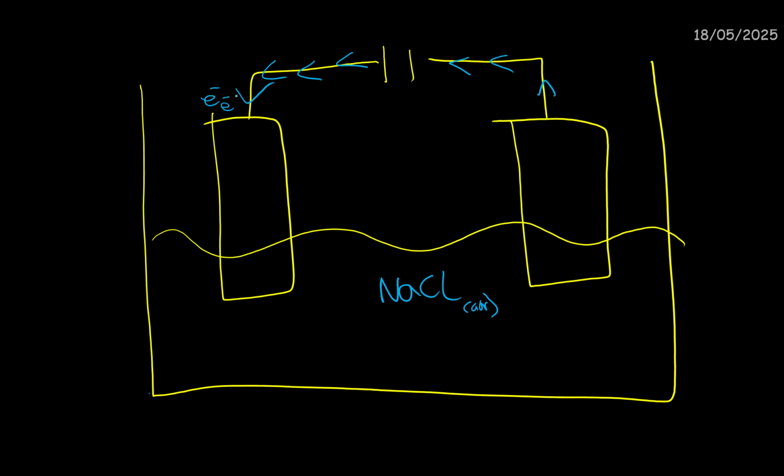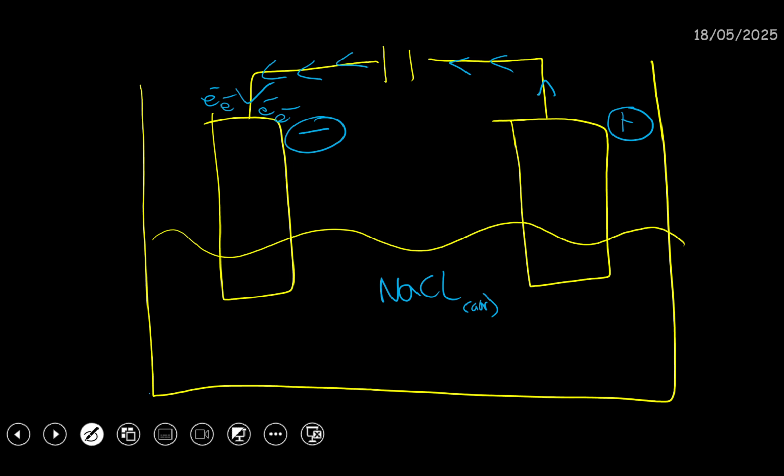All the electrons are going to this electrode. So Aish, what is the charge of this electrode, if all the electrons are flowing to it? Negative. And the other one is positive. Okay, let's have a look at our NaCl.